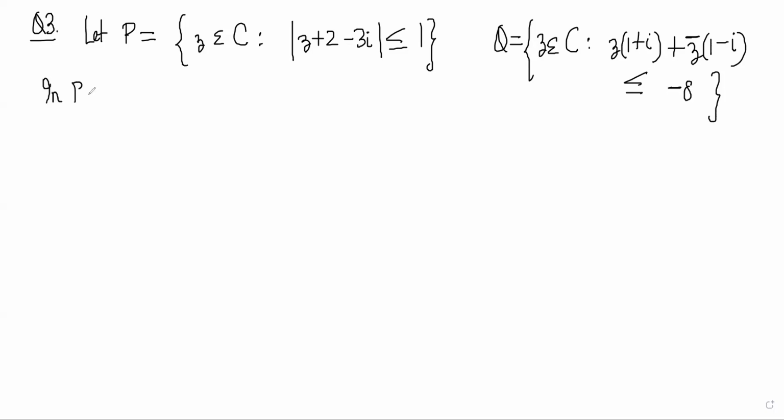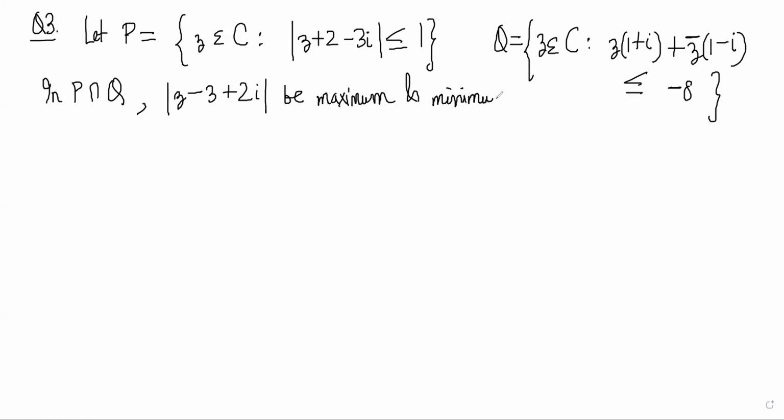In P intersection Q, let Z minus 3 plus 2i be maximum and minimum at Z1 and Z2 respectively.